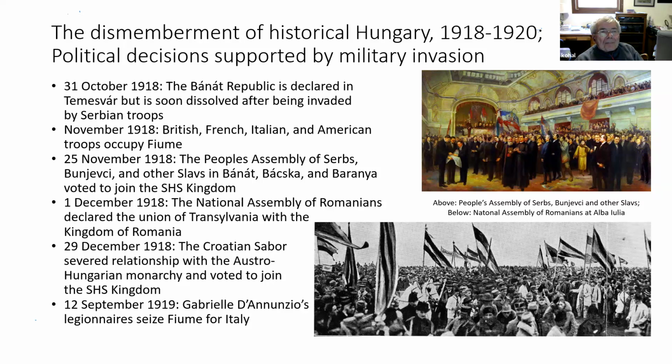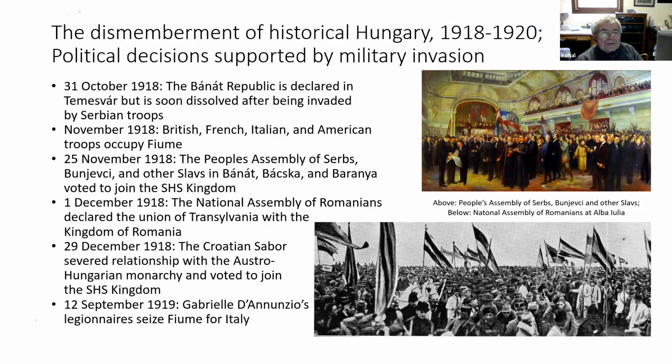And the Banat Republic was brief in duration. In November of 1918, the British, French, and Italian Americans actually occupied Fiume, which was a port city of Hungary attached to the crown lands back in the 18th century by Maria Theresa.